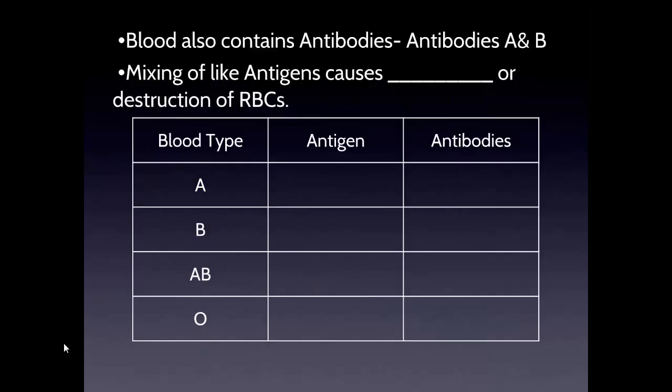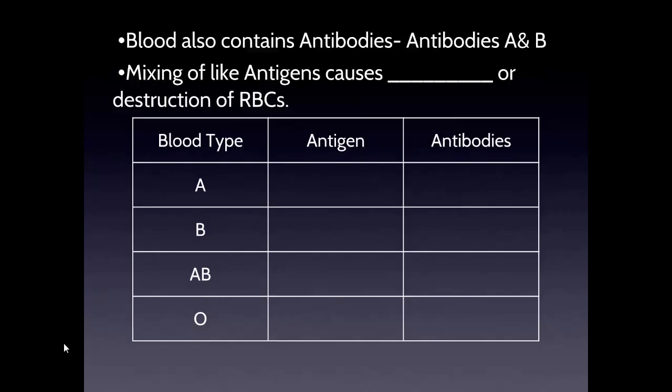But there's also an important factor to consider in that floating in our plasma, we also have something called antibodies. Antibodies are special proteins whose job it is to destroy and mark foreign cells. Like I was just talking about.